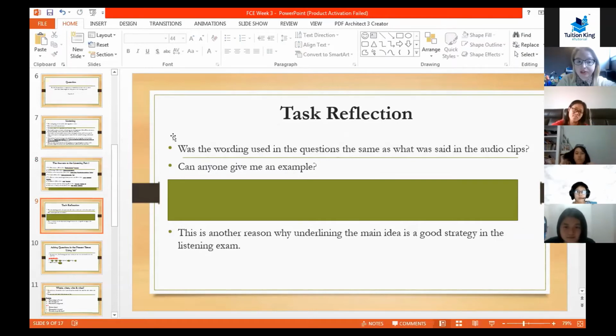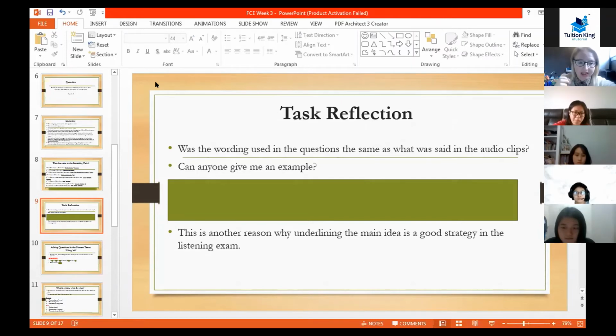So the answer I'm searching for, because I did already mention it, so I won't necessarily make you answer it. Something that you have to pay very close attention to is that when underlining the main ideas in the questions, the point of this is to help you find the answer, okay? But that doesn't mean you're going to hear the exact wording of the question.